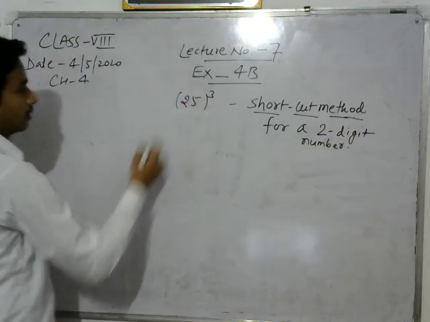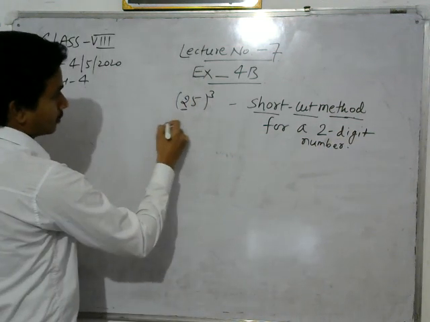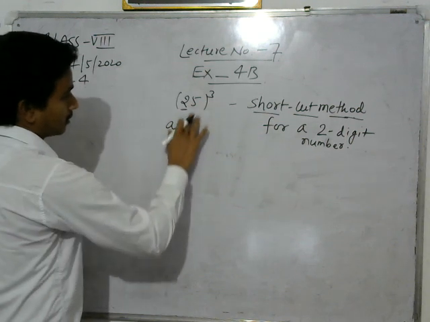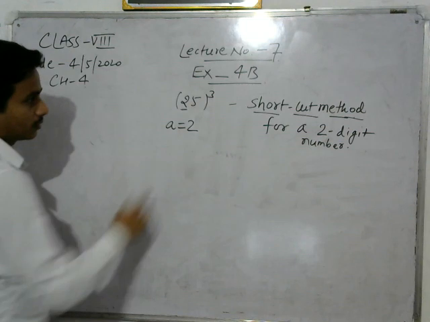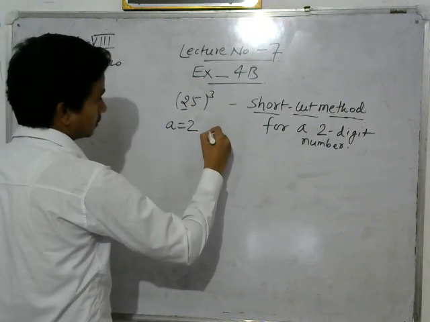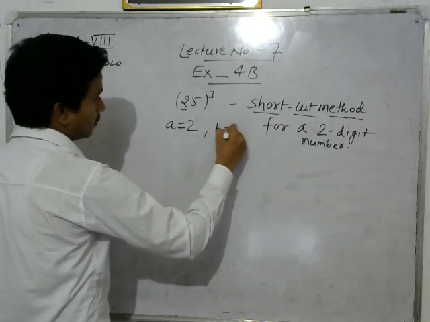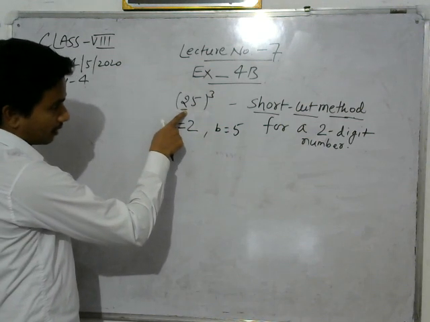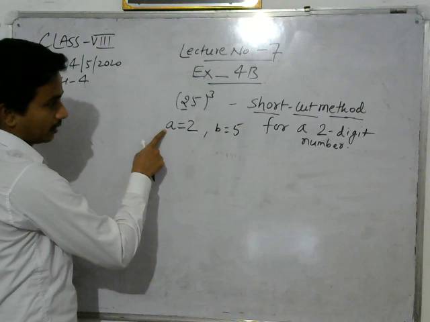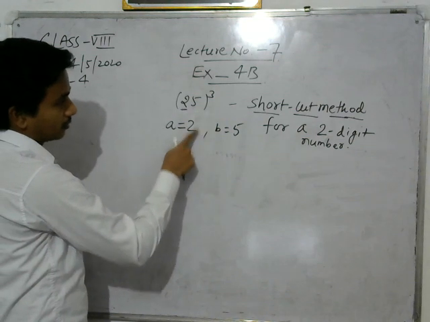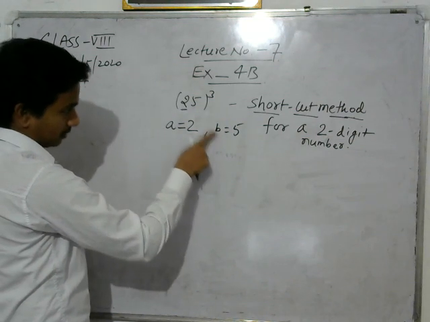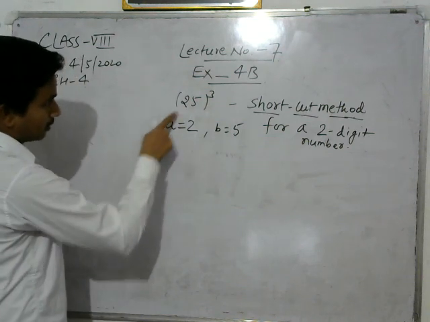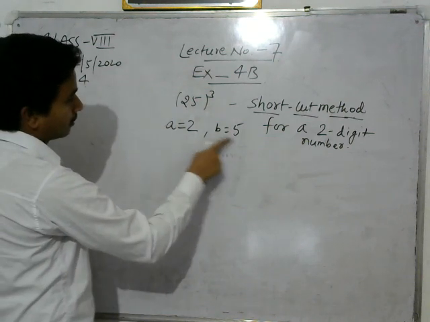Now let us consider 25. Let us consider a equals 2 and b equals 5. The first digit I call a and the second digit I call b.